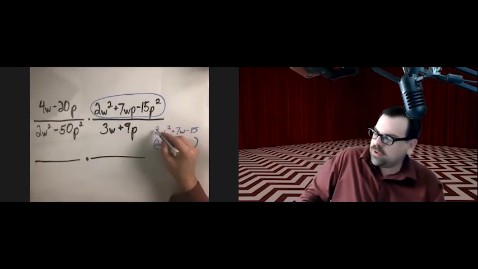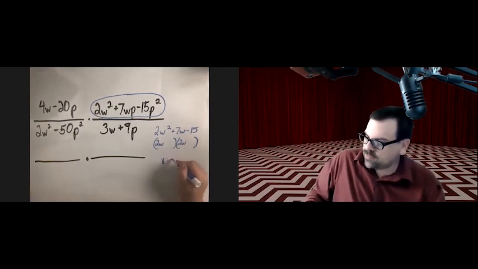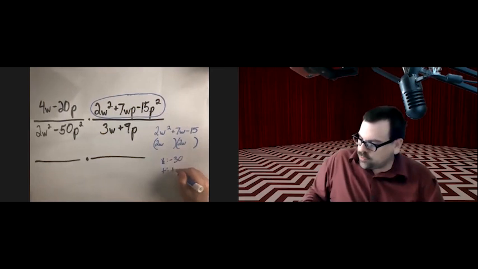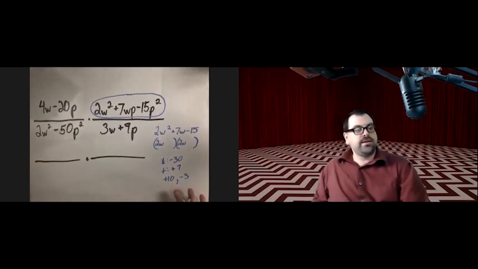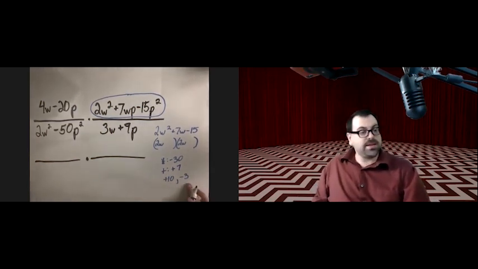We need numbers that multiply to a times c. We need numbers then that multiply to negative 30 and add to positive 7. This is plus 10 and minus 3. 10 times negative 3 is negative 30. 10 plus negative 3, 10 minus 3, is positive 7.